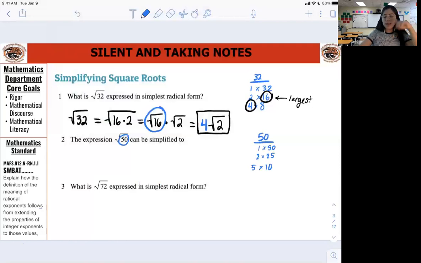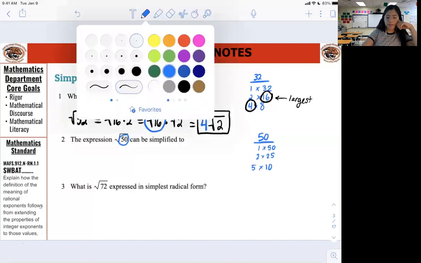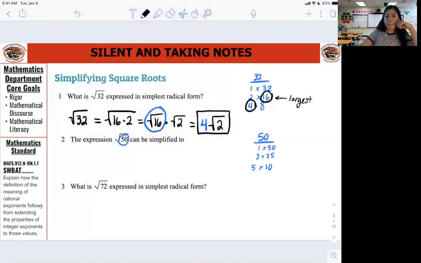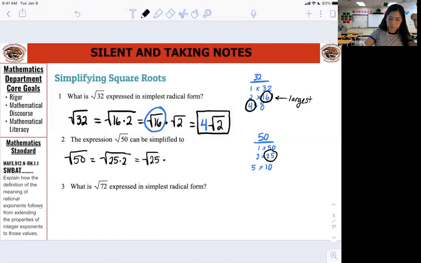Okay, which of these is a perfect square? 25. Perfect. So now I can go ahead and rewrite. The square root of 50 is the same as the square root of 25 times 2. Split it up and take the square root.